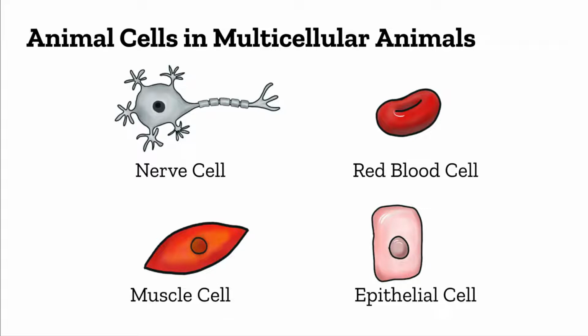They all have a unique shape, and they're also all going to have unique functions that help the overall organism survive. None of these individual cells are able to survive on their own like an amoeba or euglena can. They're dependent on being part of a larger organism.